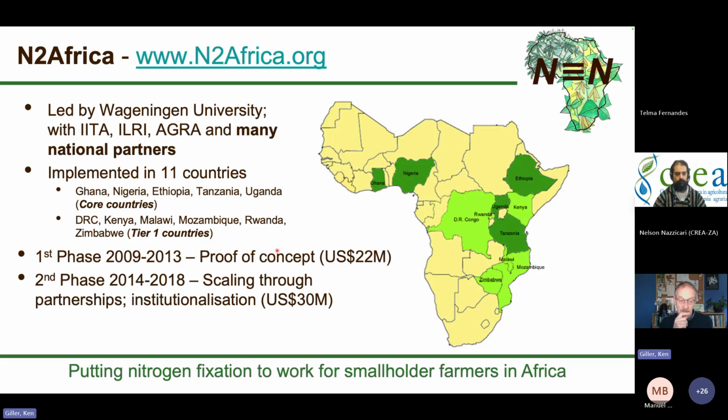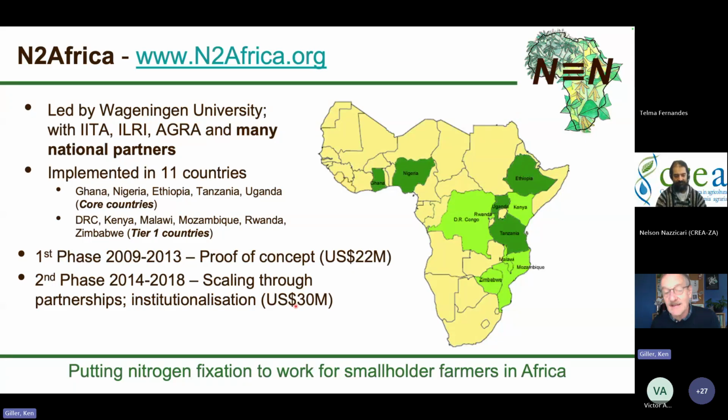So 11 in total. Our first phase of the project was $22 million, where we looked at what we called a proof of concept. And then a second phase, we had $30 million, scaling through partnerships and institutionalization. So $52 million in total, all funded by the Bill and Melinda Gates Foundation.